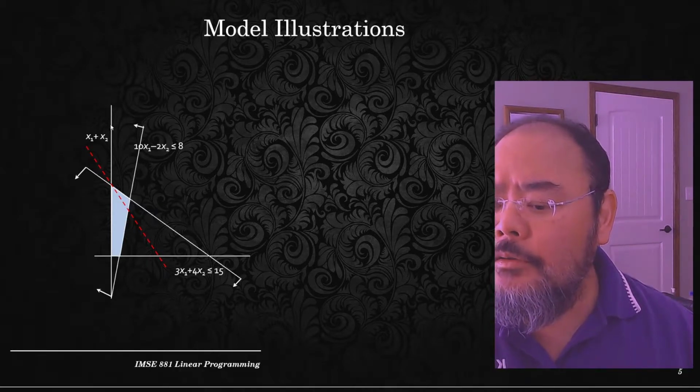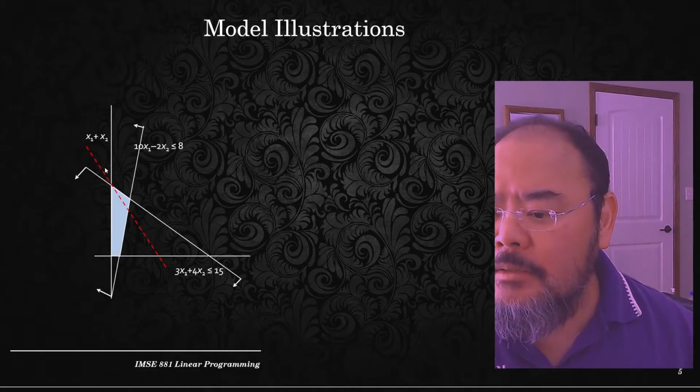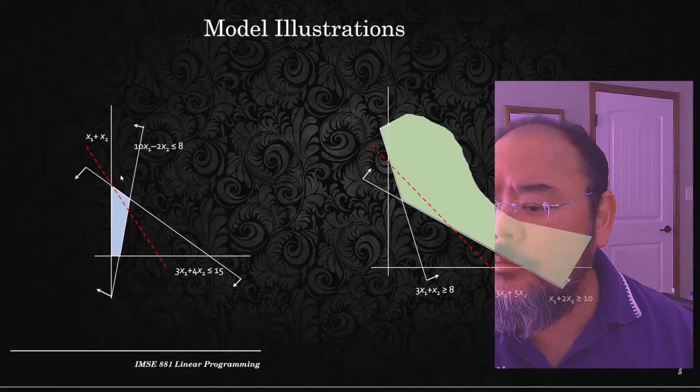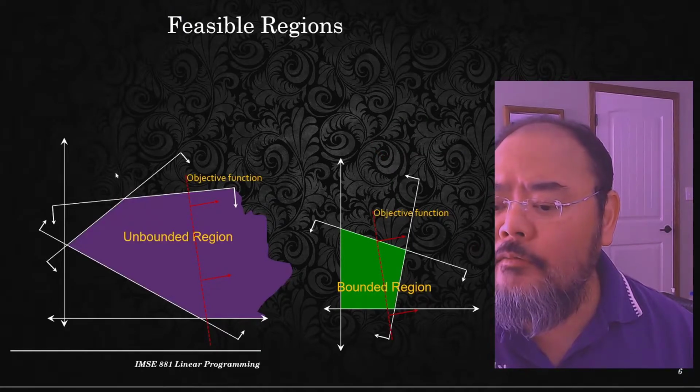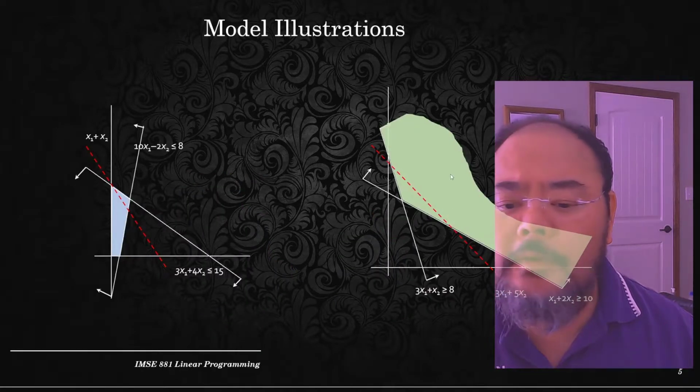Also x1 and x2 are non-negative. The red dotted line represents the objective function level, x1 plus x2, and since we're trying to maximize it, this line is going to be moving up like this.